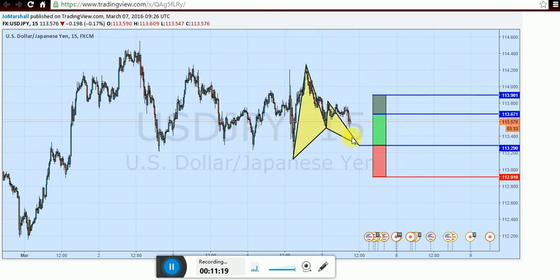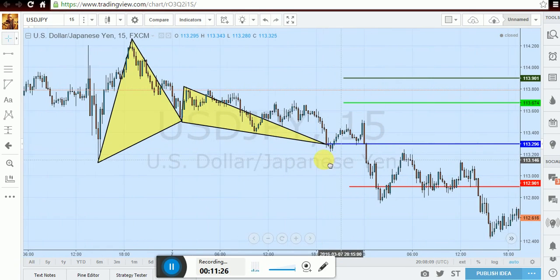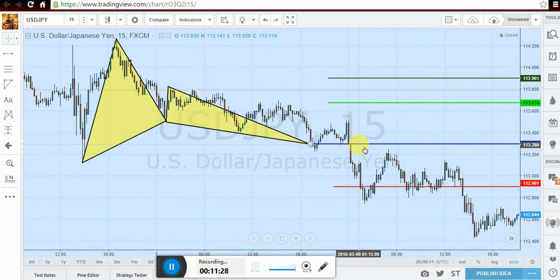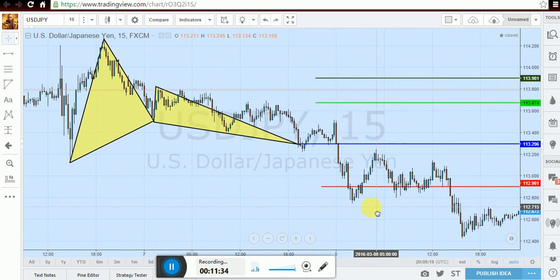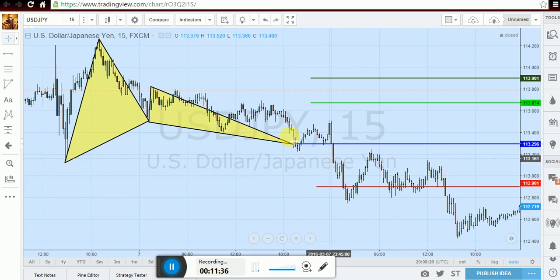That was when I posted a trade before the market came into the entry point, and the market filled us in on our position. We had a little bit of rally, and then the market just fell off, hitting our stop loss. We took a loss of about 39 pips on this one.